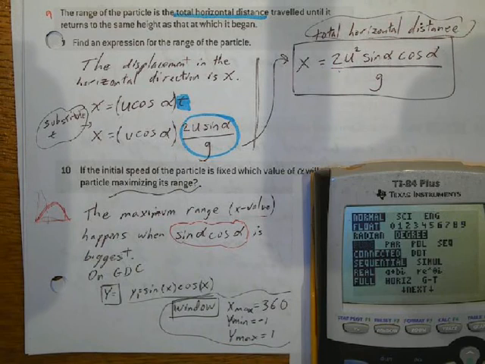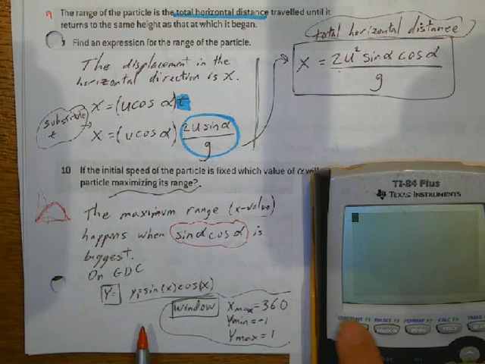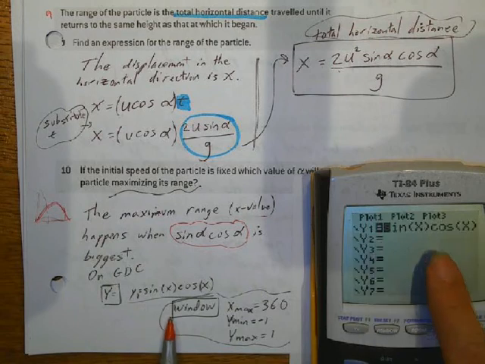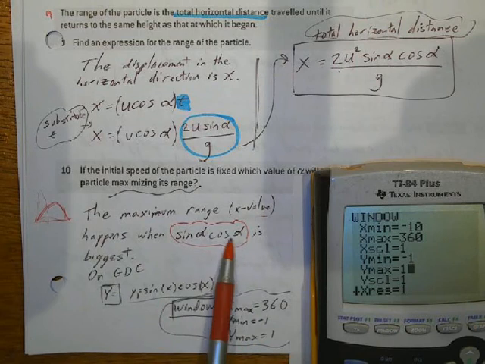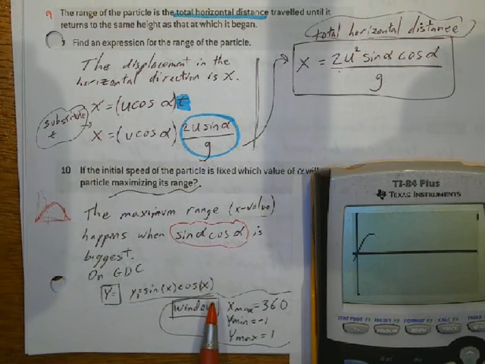Okay, so I'm in function mode. Second quit. I've hit y equals, and I need to change my window. I'm going to change the x max to 360 because we're dealing with degrees. And I'm going to change the y min to -1, and the y max to 1, because sine alpha times cosine alpha is not going to be greater than 1. Now I'm going to hit graph.